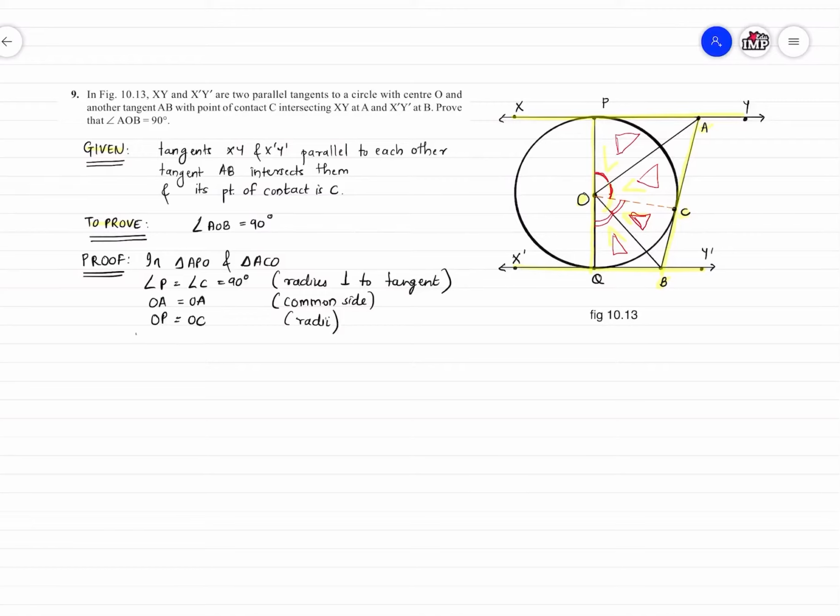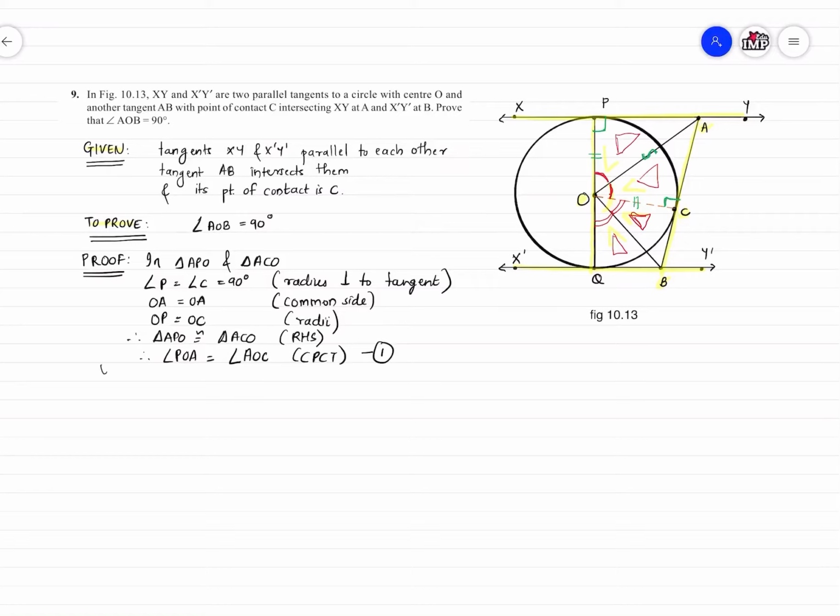The radii. Therefore triangle APO is congruent to triangle ACO by RHS. Let me just mark it for you. This is 90, and also the radius is equal to the radius. Therefore I can say that angle POA is equal to angle AOC by CPCT. Mark it as 1 so we can use it later.